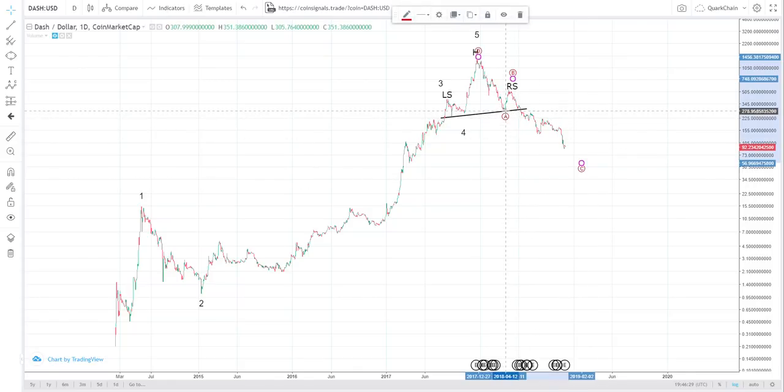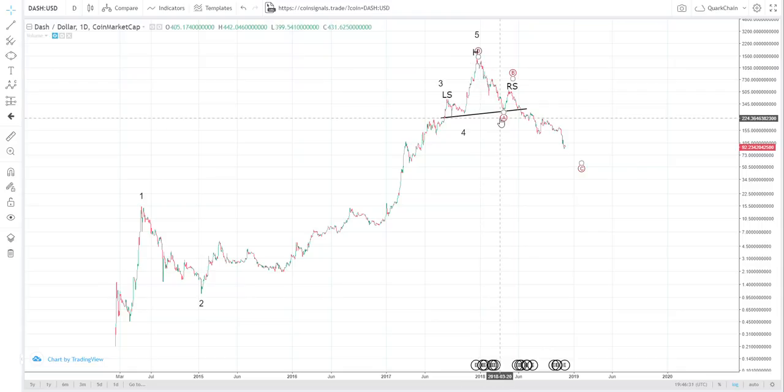The way to determine that is to count the subwaves of the A and the C. C waves of either zigzags or flats must always have 5 subwaves. So even if you call this a flat, you still have to count the C to have 5 subwave compositions.